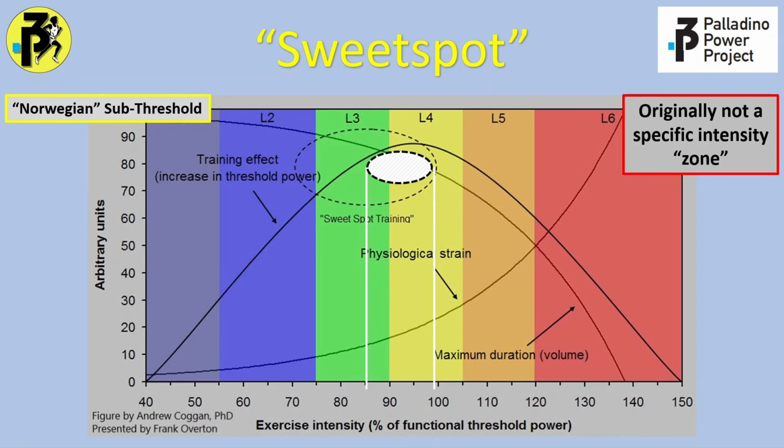So sweet spot is the same concept as the Norwegian concept of training using lactate threshold as the ceiling for that domain. Okay, so very similar concepts, the sweet spot and the Norwegian concept of subthreshold training.